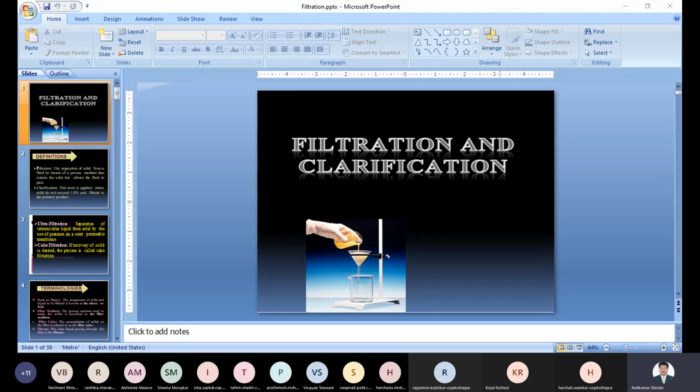So that type of particle should be removed or separated from the liquid with the help of the ultrafiltration method, because a simple filter cannot filter micron size particles or nano size particles.